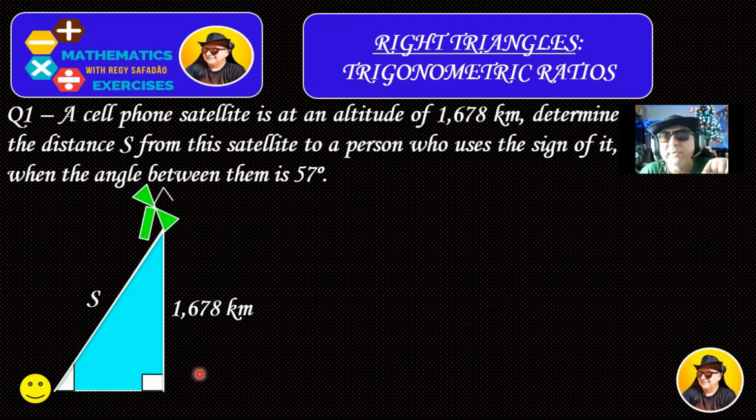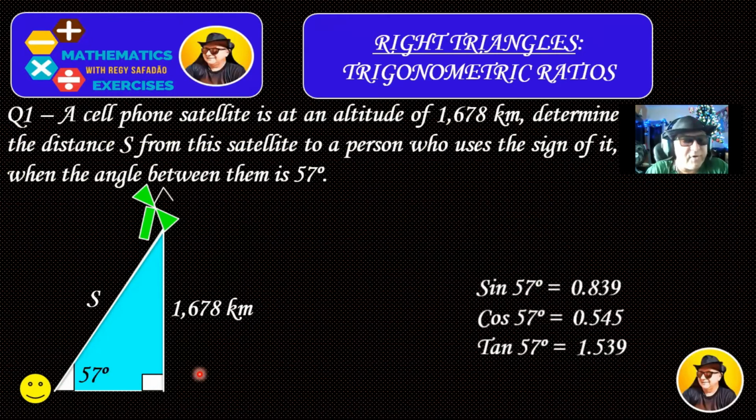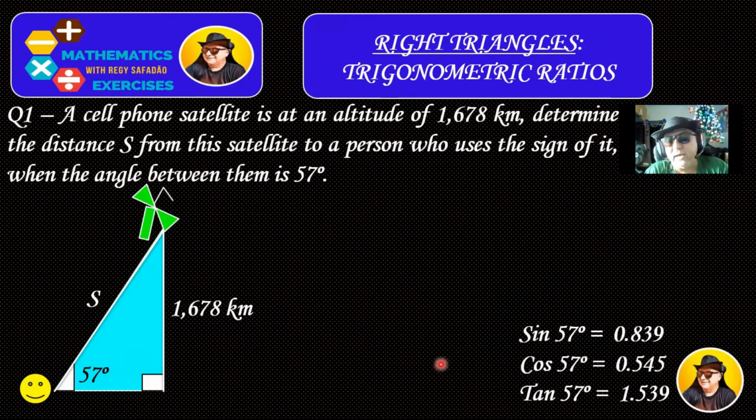The problem said that the angle between the user and the satellite is 57 degrees. Obviously, you don't need to memorize that table I showed you at the beginning, because the problem gives you the sine, the cosine, and the tangent of the angle of our problem.